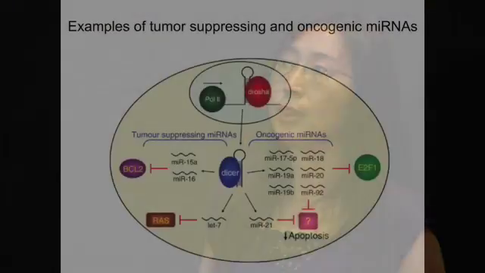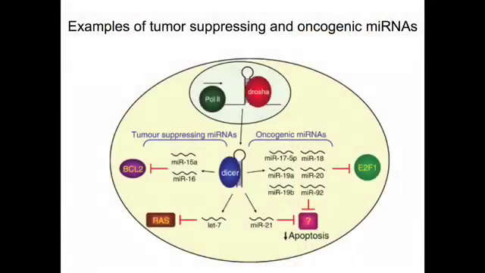In addition, BCL2 is involved in inhibition of apoptosis. miR34 inhibits BCL2, and the net result is that miR34 inhibits the survival of cells. So what that means is that miR34 is a microRNA that inhibits oncogenes.